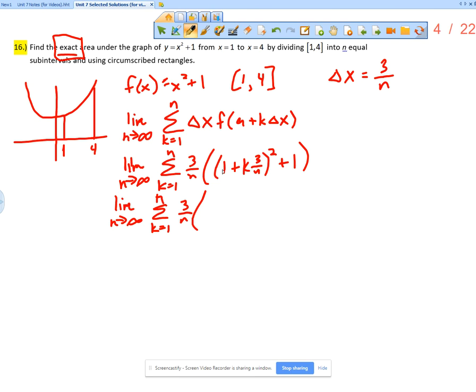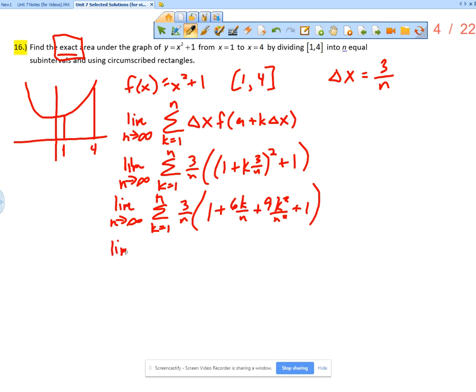If I expand that, I get 1 times 1 is 1, plus 3k over n times 1 plus another 3k over n, so 6k over n, plus that thing by itself, 9 times k squared over n squared. Then I also have that plus 1, so that's just going to end up being a plus 2, because those two can be added together.